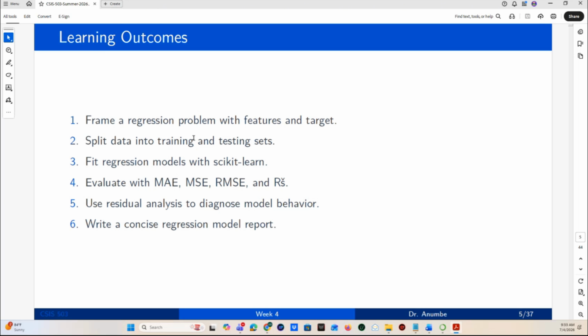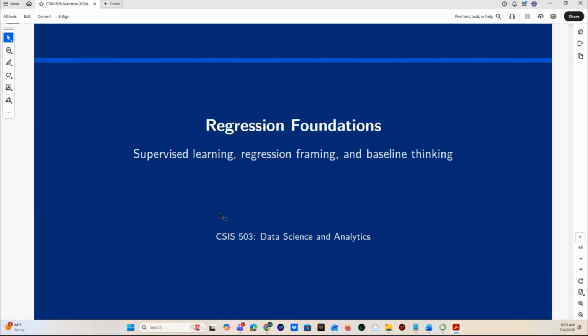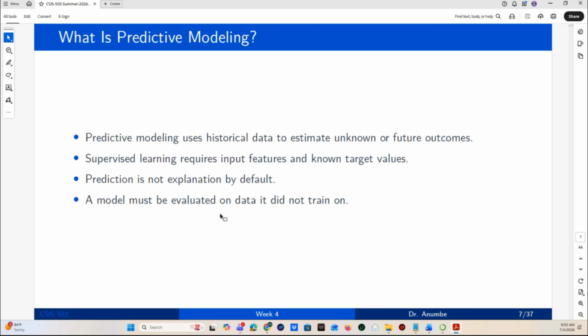In some cases, what the training data says ends up being what the testing data says. At that point, we really believe that the model is good. So that's what I mean by the model must be evaluated on data it did not train on.